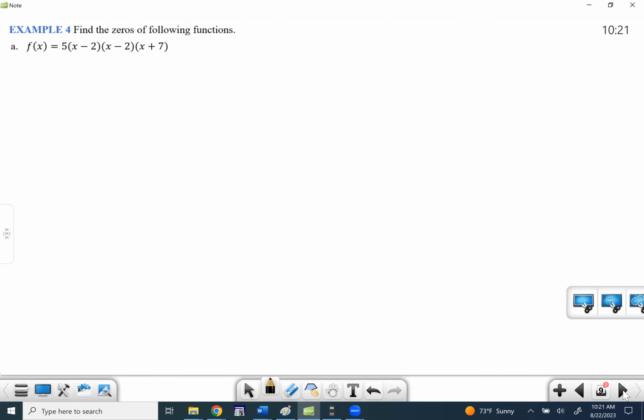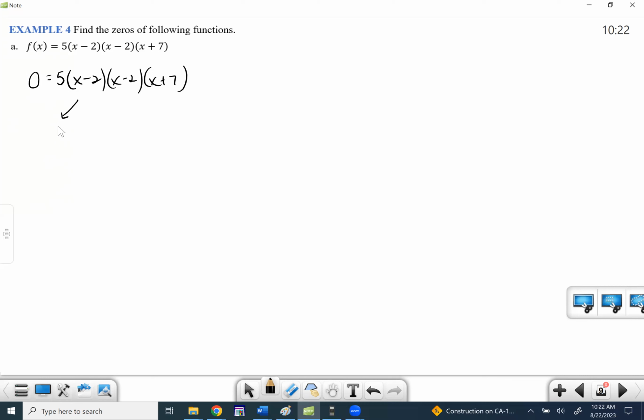All right, so now we're going to find the zeros. So that's different, right? Different process. We're going to go ahead and let y be 0. So we're going to let f of x be 0. Because we said a 0 is when the y is 0. Now this is already factored for us. This is awesome.